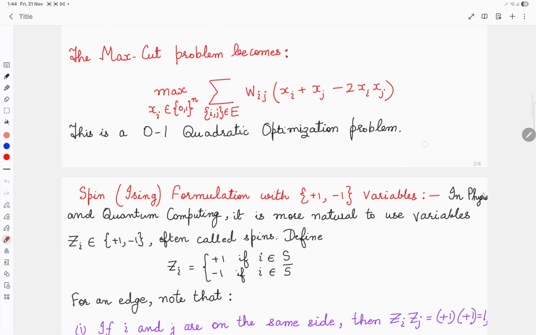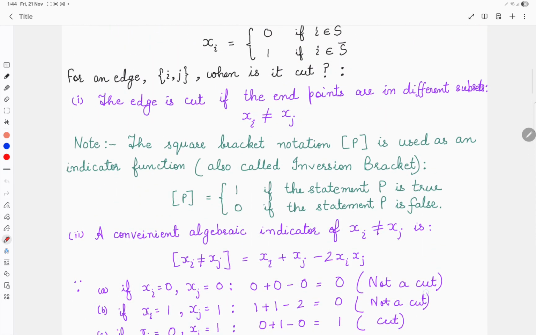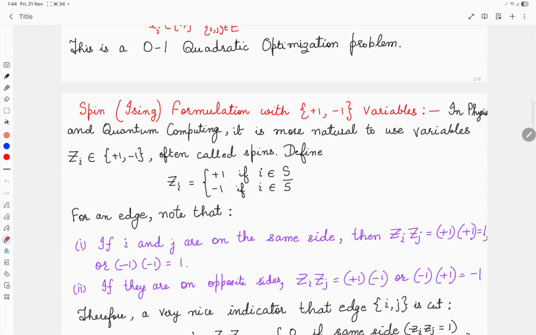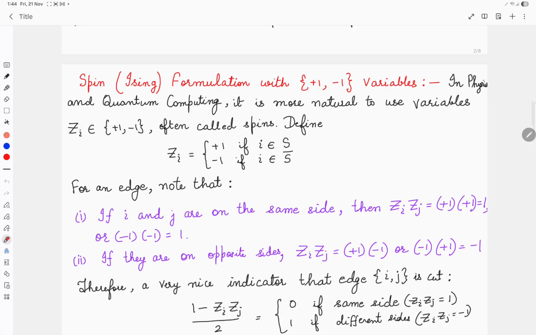In the MaxCut problem, the variables are 0 and 1, but in the natural classical Ising model, the random variables will be +1 or -1. So we will see how the mapping of the MaxCut problem can be done with the classical Ising model.